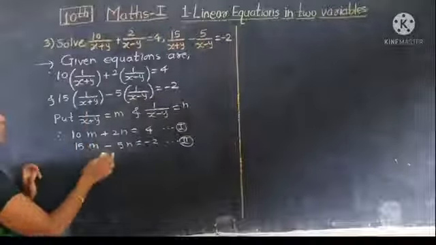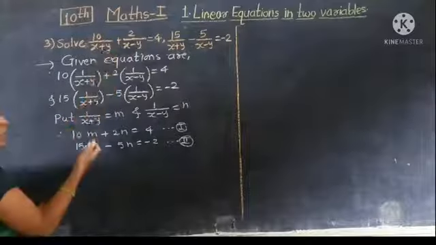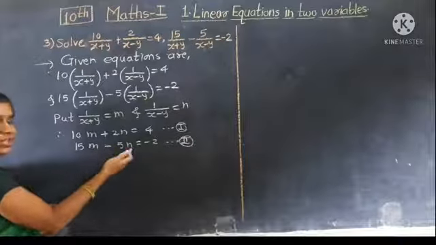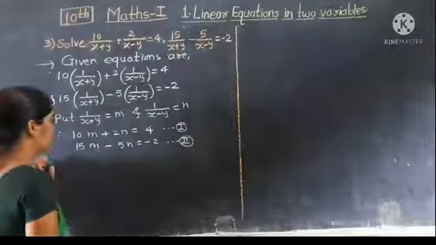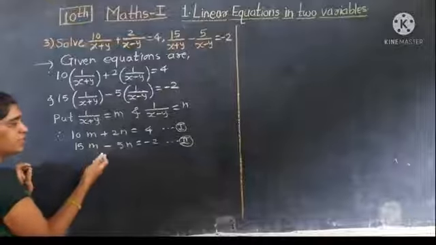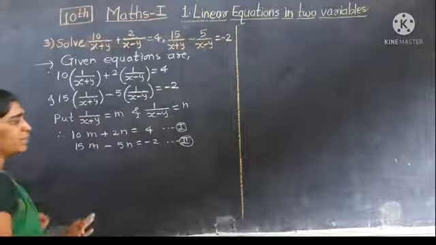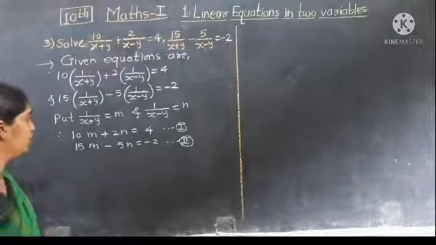So you simplify the given equations, you convert into linear equations in two variables in this way. Now you simplify this either by elimination method or by substitution method.